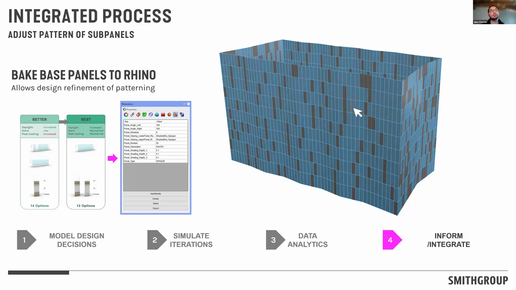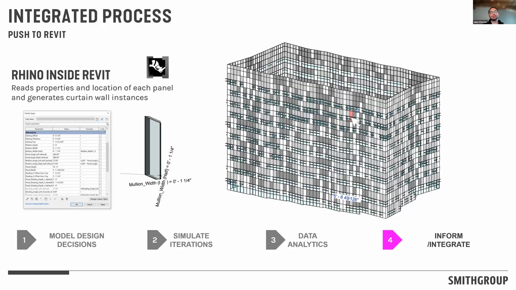So once we have those Rhino surfaces, we can actually use Rhino.Inside to bring that over to Revit. So we can open up Rhino within Revit, and we can read in those surfaces. All those surfaces have properties, and those properties for each panel can actually drive a custom Revit curtain wall family with all the same matching parameters.